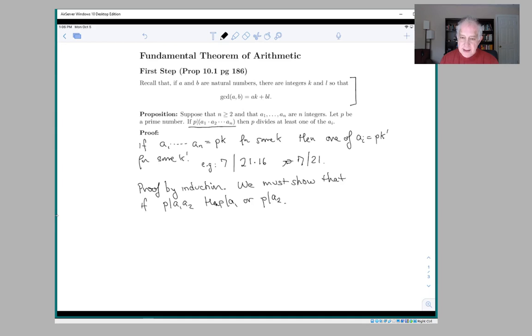And this may seem obvious, but actually to do this correctly, you need to use Euclid's algorithm. And the way we're going to do it is we're going to start with p and a1, and we're going to notice that the greatest common divisor, we're going to look at the greatest common divisor of p and a1. And there are two possibilities.